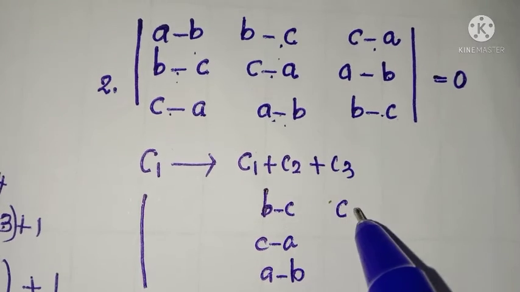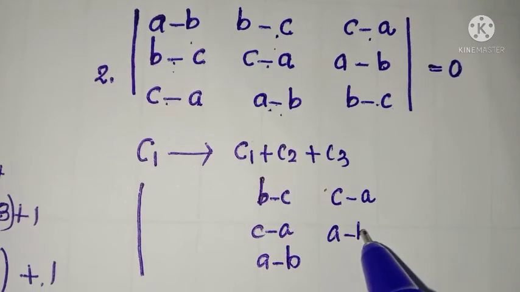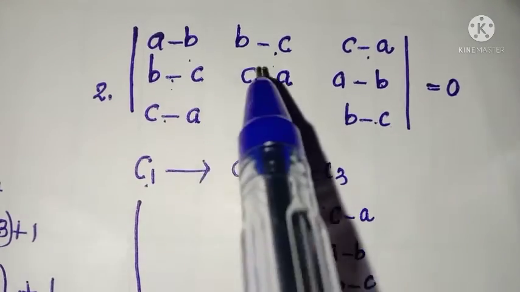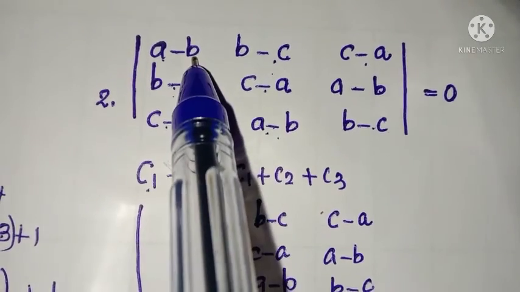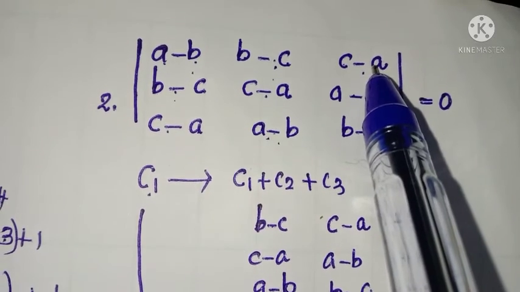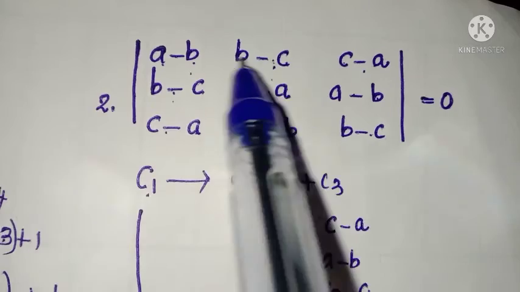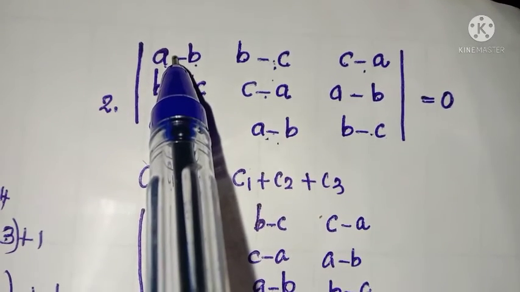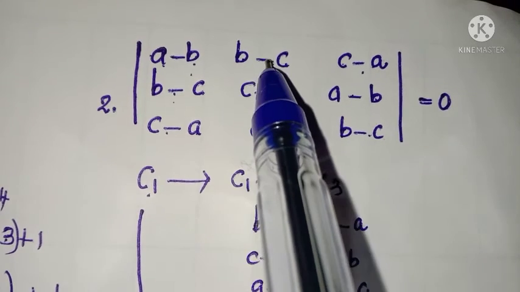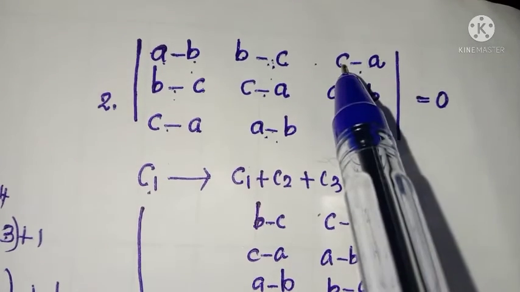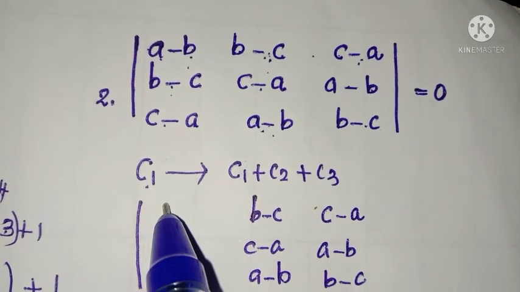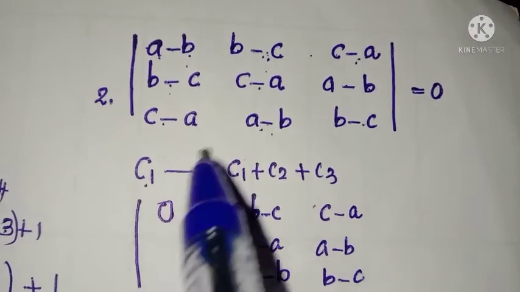We have to write the second and third columns as such, but for the first column, add all these columns: A minus B plus B minus C plus C minus A. We can cancel all the terms and get 0.